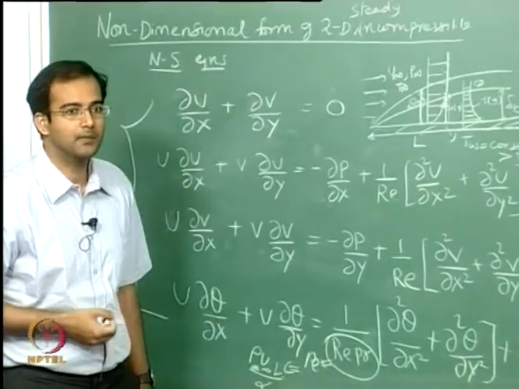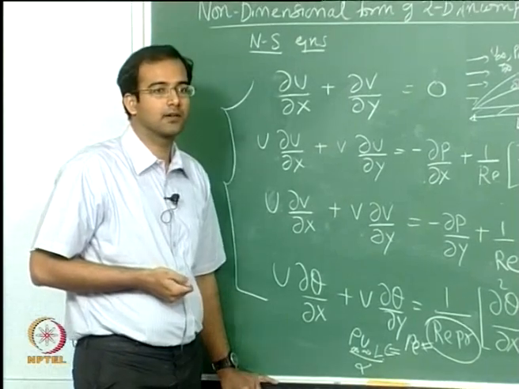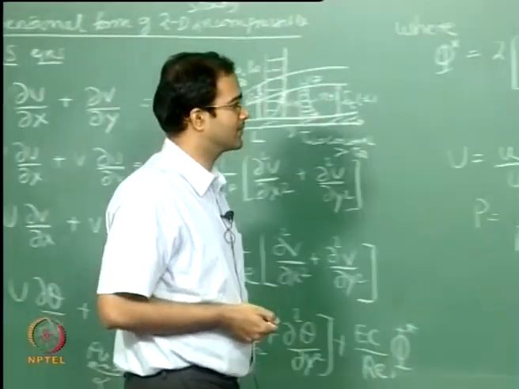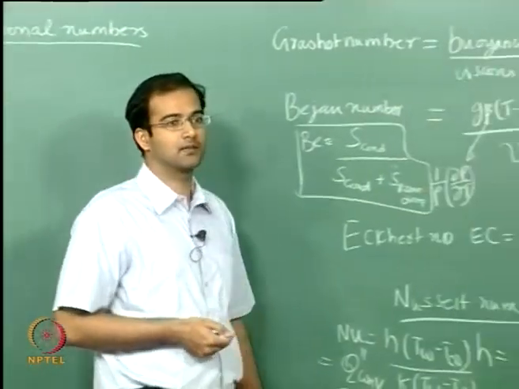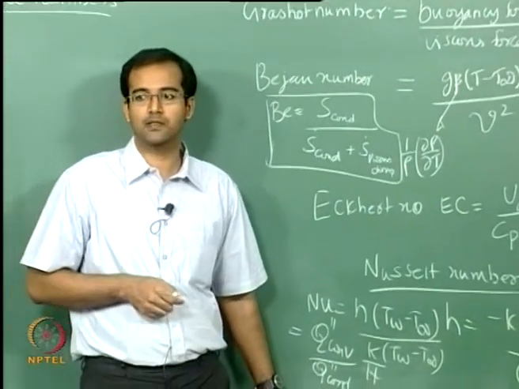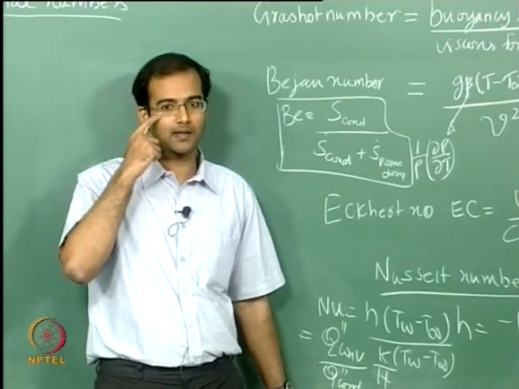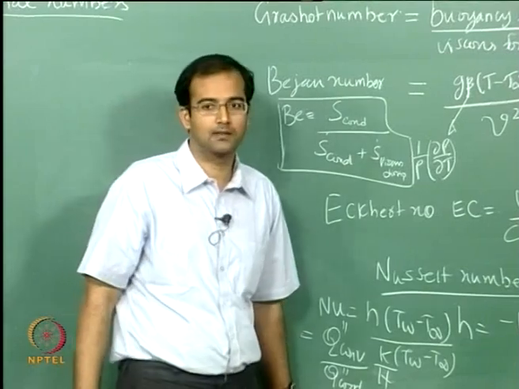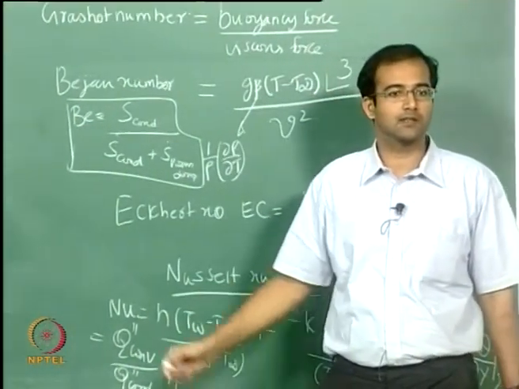Any other non-dimensional numbers? Rayleigh number, which is basically nothing but your Grashof number times your Prandtl number. These are the basic non-dimensional numbers. You can of course group them together and give a different name to that. So far as single phase convective heat transfer is concerned, these are the ones.